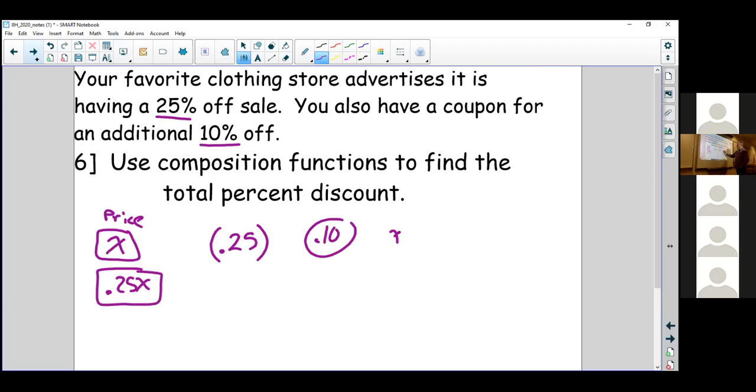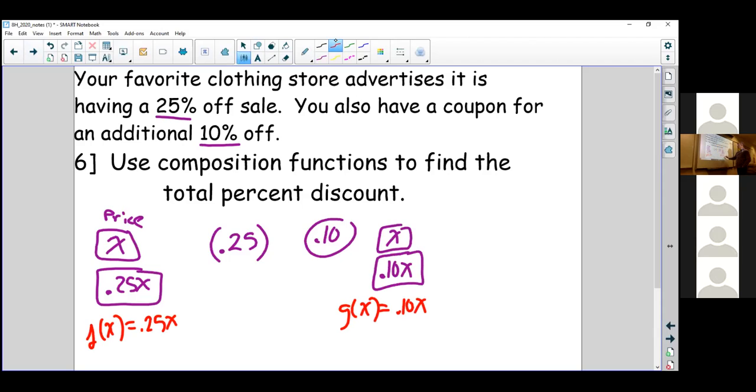Again, the price is x, and then we go 0.1x like this. So if we call this one f at x is 0.25x, and I call this one g at x is 0.10x. If I wanted to find f of g at x, or g of f at x, it should be the exact same thing.